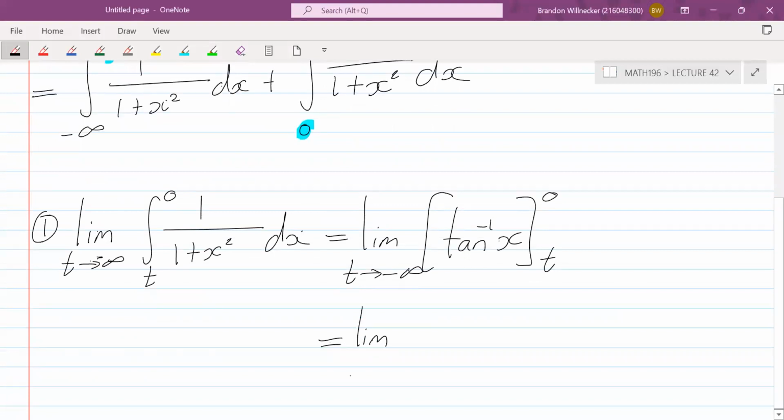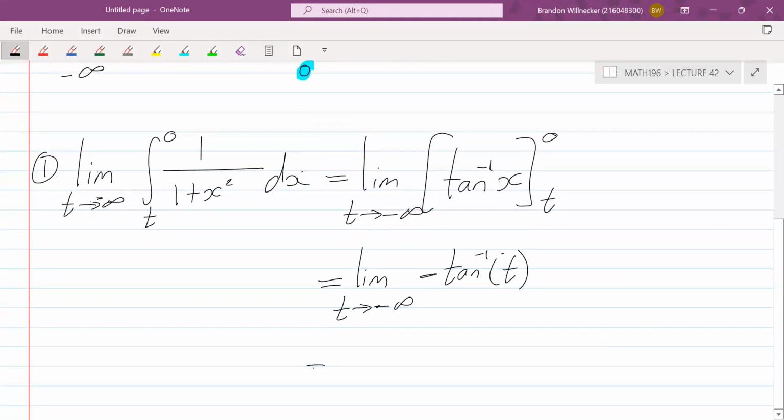The arctan of 0 is 0, and then we have minus the arctan of t. So we have minus the limit as t goes to minus infinity of arctan of t.